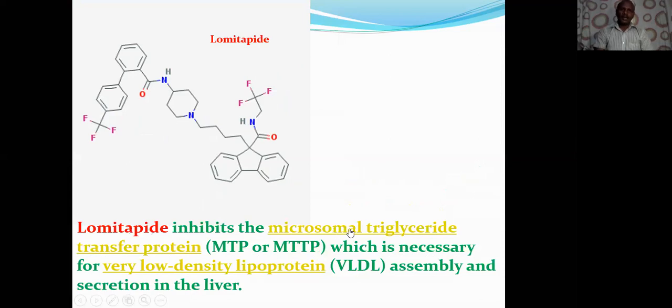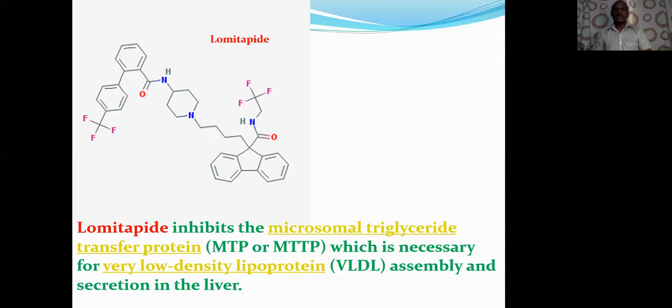Here the drug inhibits the microsomal triglyceride transfer protein. Lomitapide inhibits this protein, and it is especially a newer class of drug. Till now we used to have only statins, fibrates, and resins.